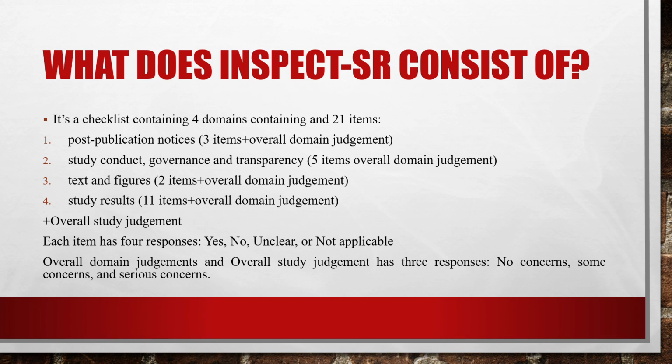At the end of each domain, there is an overall domain judgment, and there is an overall study judgment at the end. Each item has 4 responses: yes, no, unclear, or not applicable. Overall domain judgments and overall study judgment have 3 responses: no concerns, some concerns, and serious concerns.